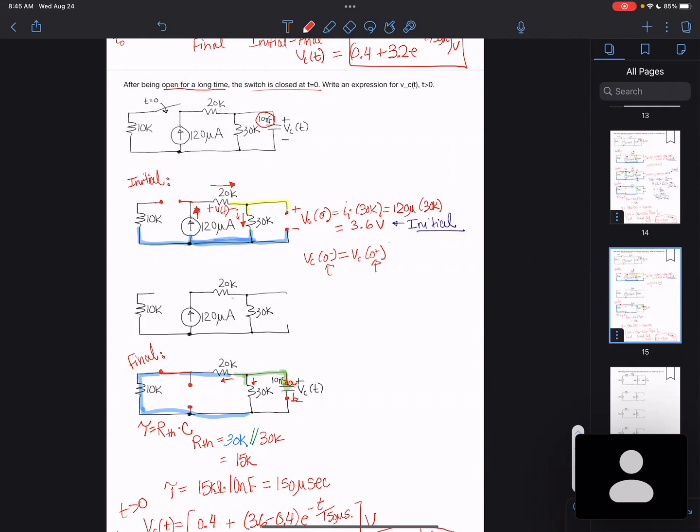And we would need to find, this is my actually initial value. So in this case, if I wanted to find V of this one to be the initial value, this would be 0 plus. I would have to redraw this circuit.